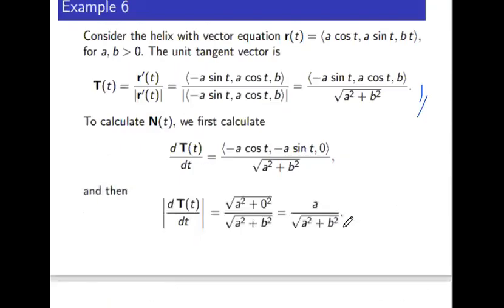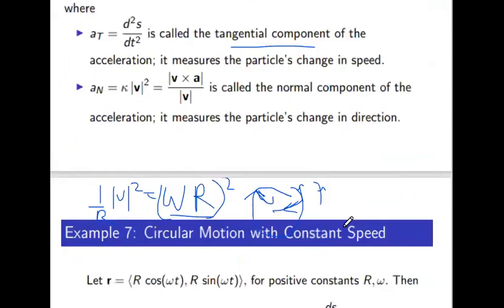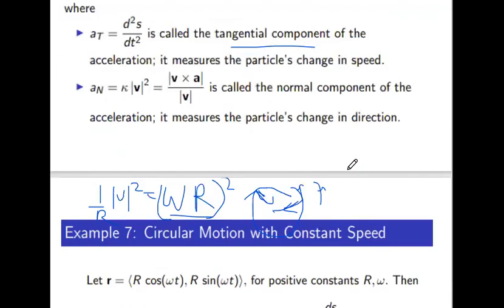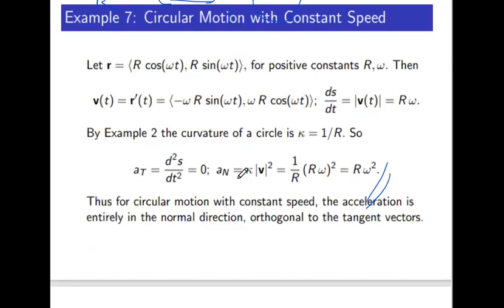Substitute those things into the equation, then we can get the normal component. Tangential is 0, normal is this. This should be a normal component.